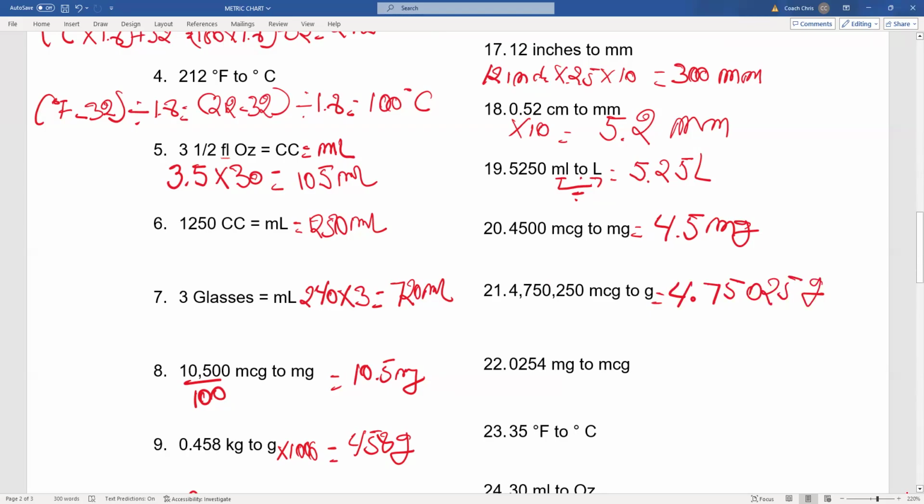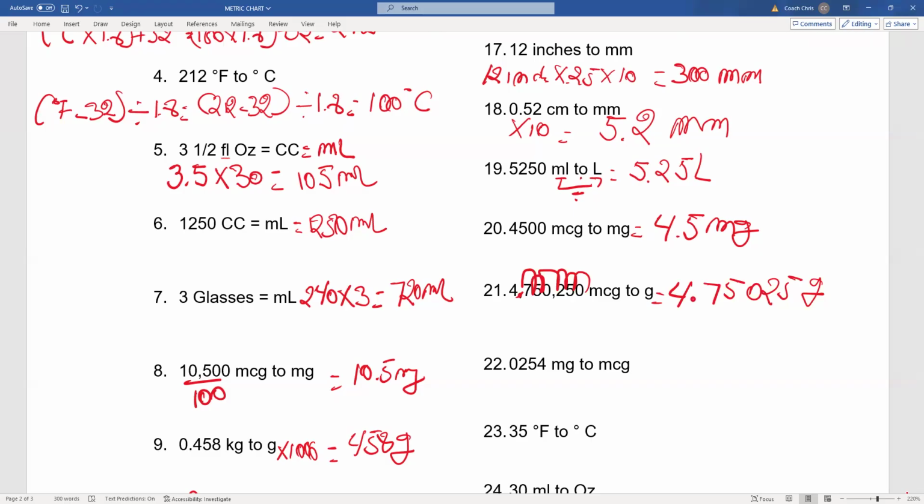Once you divide by a multiple of 10, you gotta move your decimal point. Since I got 6 zeros, here is gonna be 1, 2, 3, 4, 5, and 6. This is where my decimal point is gonna be. Those are the stuff we learned way back in the 4th grade. It just requires more exercise.